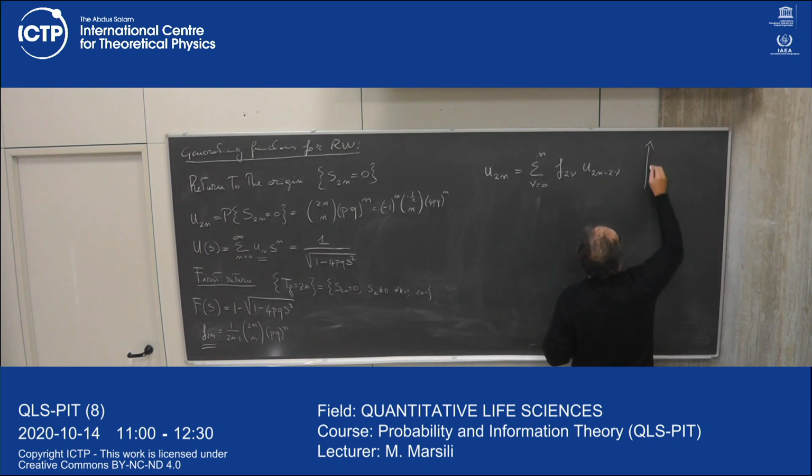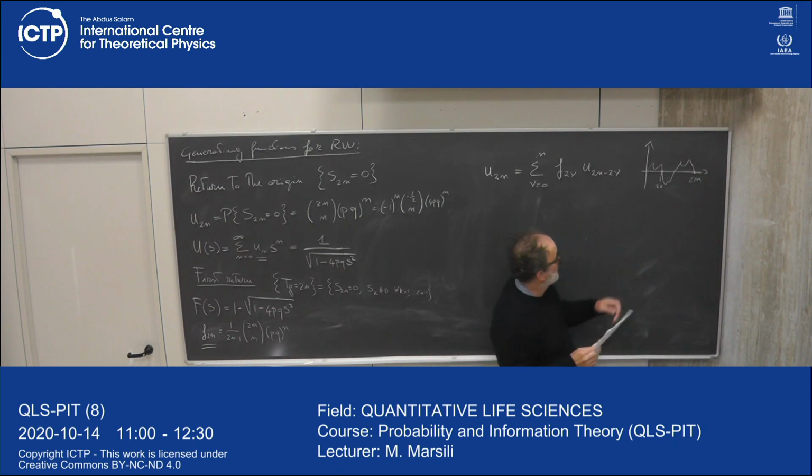Okay, so the idea is that if you are at the origin at 2n, there must be a first time for any walk that is at the origin at 2n. There must be a first time where the walk hits the origin, hits the axis, and then you have to be back at the origin after 2n minus 2nu new steps. Of course, this nu can also be equal to 2n.